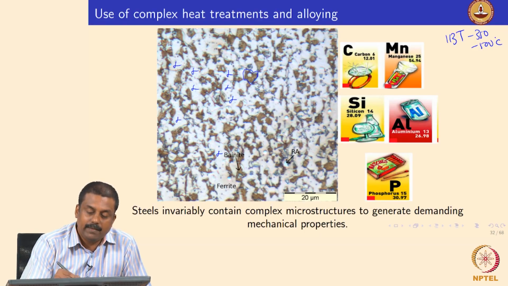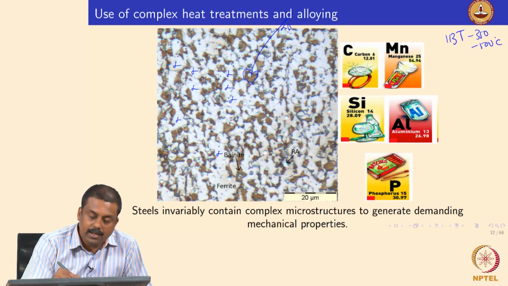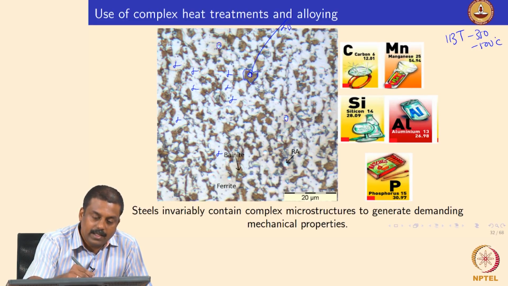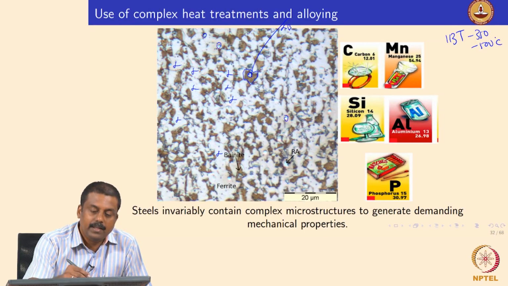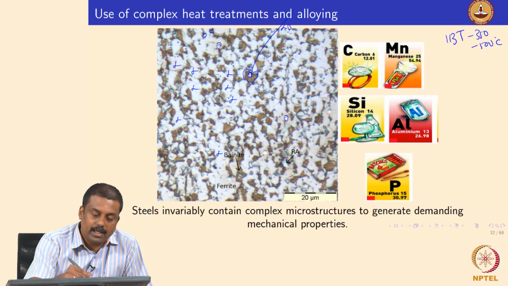The brown here is bainitic ferrite, and then the whitish bluish islands you see over here are all retained austenite. For example, in this grain, this is our prior austenite grain boundary during intercritical annealing.